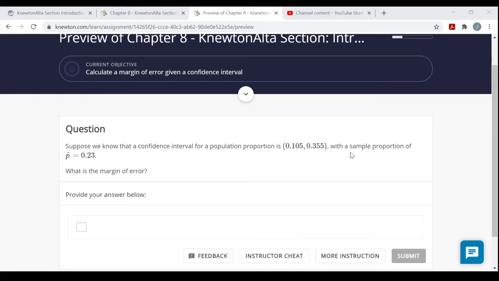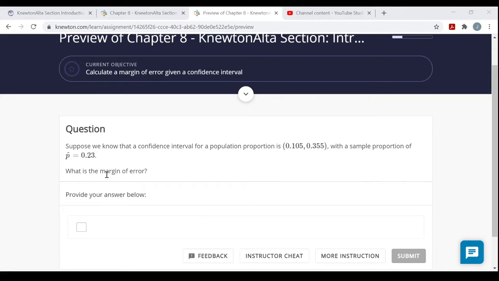Now, a sample is taken, and they said with a sample proportion of p hat equals 0.23. Now remember this, the way a confidence interval is formed, the sample proportion, or the sample mean x bar, is the value exactly in the middle. That's called our point estimate.